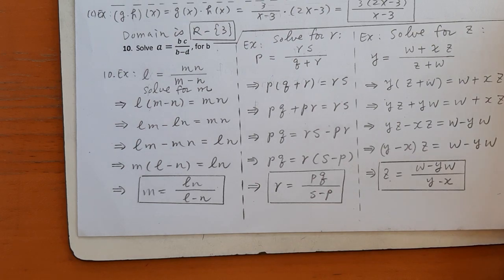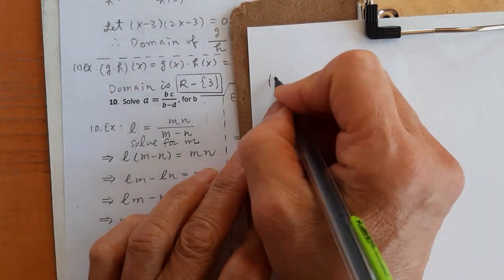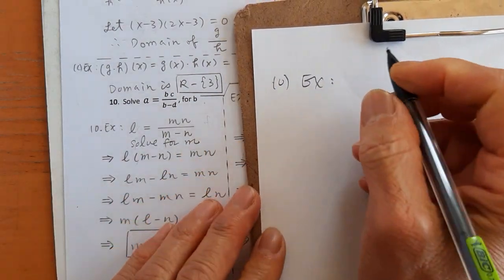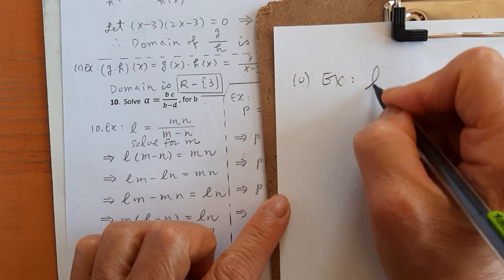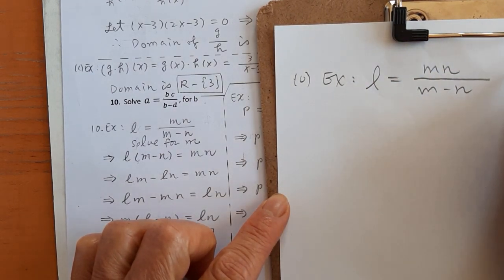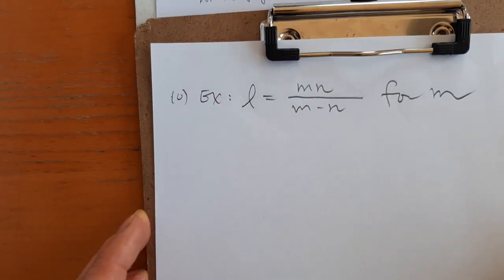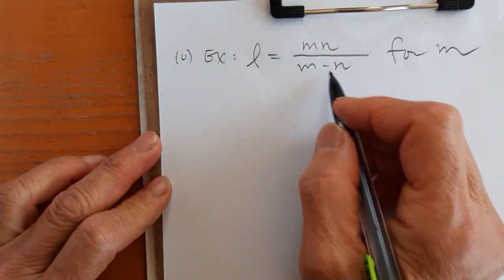Question 10, solve the literal equation. Example, like this: L = m over (m - n), and solve for n.